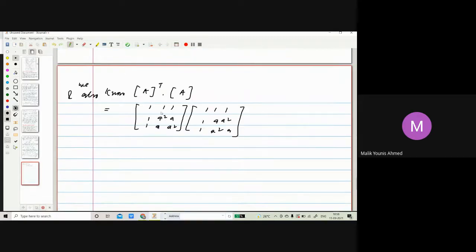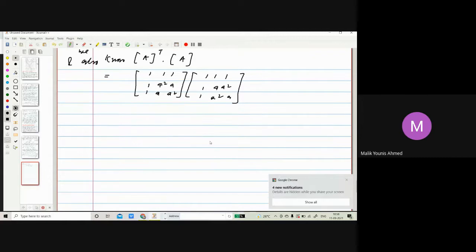So first row with first column, that will be 1 plus 1 plus 1, which is 3. You can check. Now the first row with the second column, that will be 1 plus A plus A square, which will be 0. The third again 0. The next row with this, that will be 0. Next, A cube is 1, you know that, so that will be 3.